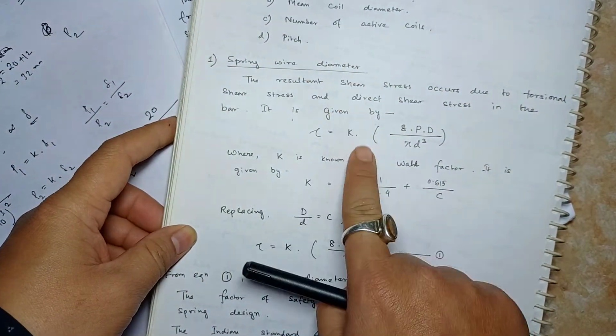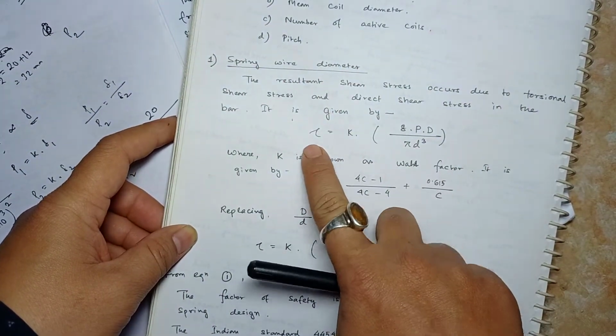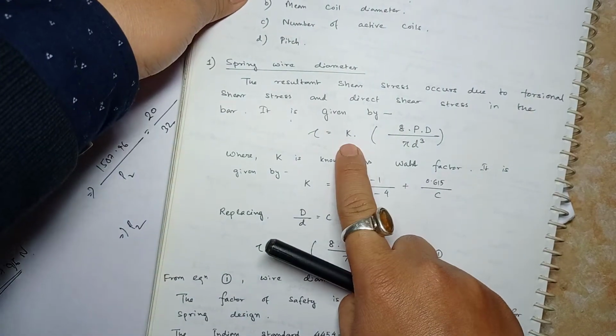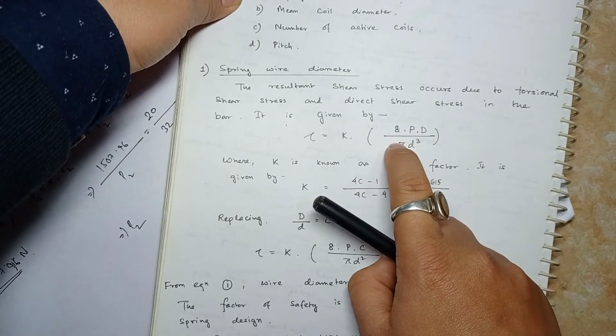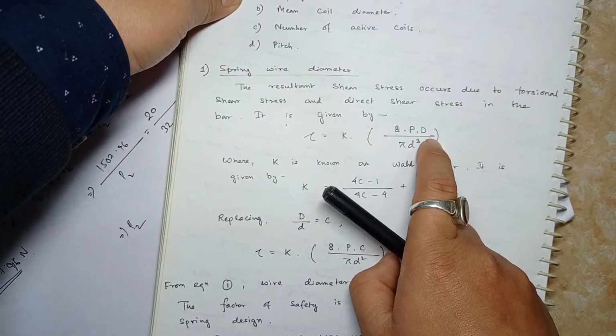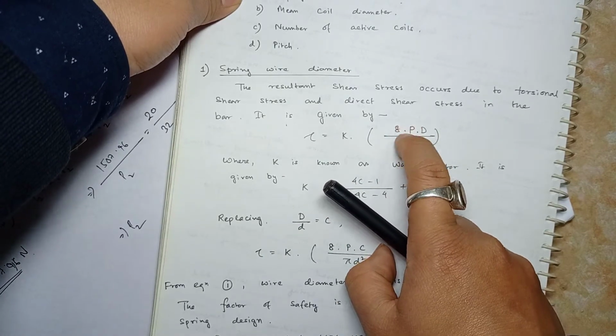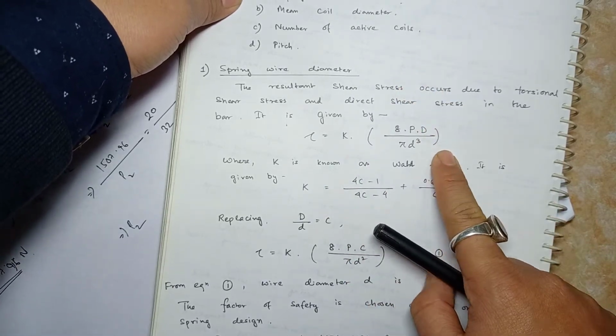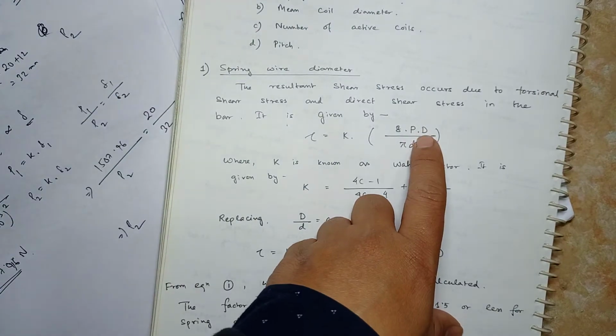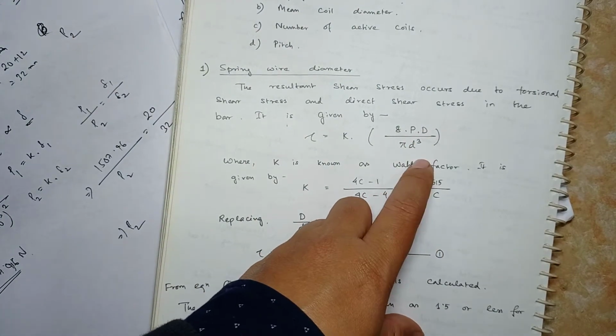spring wire diameter, from this relation, shear stress is equal to the wall factor K multiplied by 8PD divided by pi d cube. P is the force, that is the compression force being applied on your spring. Capital D is the mean coil diameter, small d is the wire diameter.